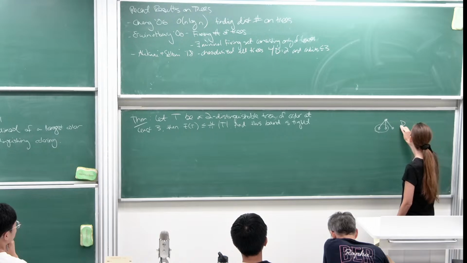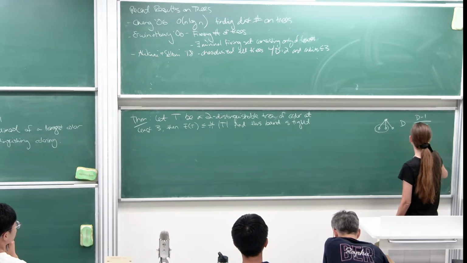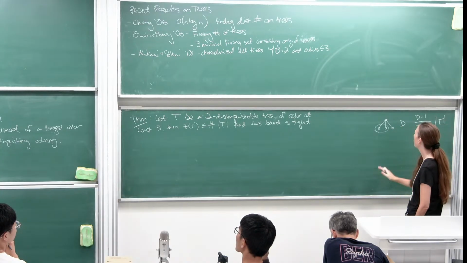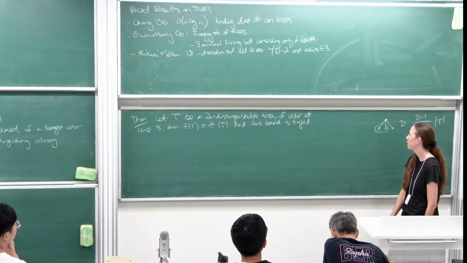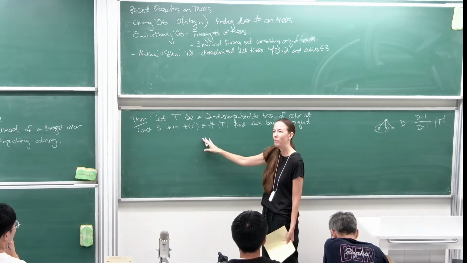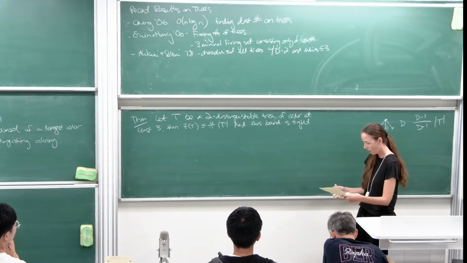And so when it's d-distinguishable, your bound is just (d minus 1) over (d plus 1) times the order of the graph, with this being the tightness example. And I will say the proof follows very similarly to this, so this is the more interesting case, and I'll just talk about this one.